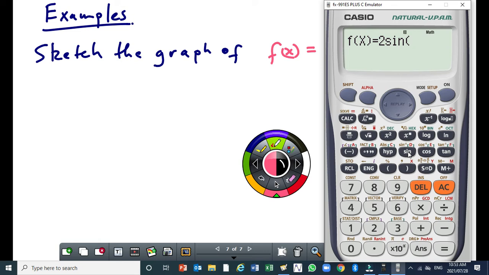Right, so you click on alpha, then you go to the close bracket. There is an x in red, which is the second function. That's why you have to click on alpha first, then you press the x. So I've got my x there, and I close my bracket. So my function has now been entered into the calculator. Then the next thing now, you press equals.